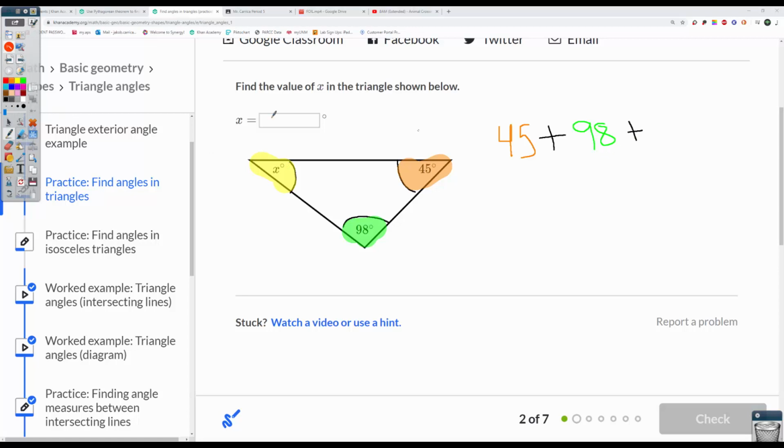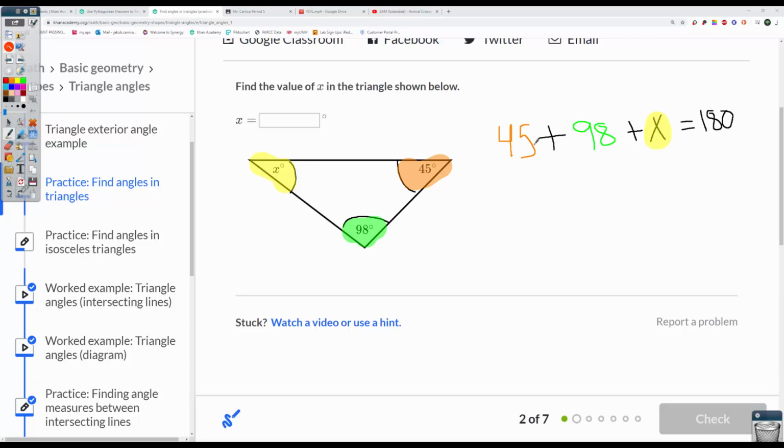So plus x. Ooh, that's hard to see. Okay, I'll write it in black, but I will highlight it in yellow so that you know where it came from.